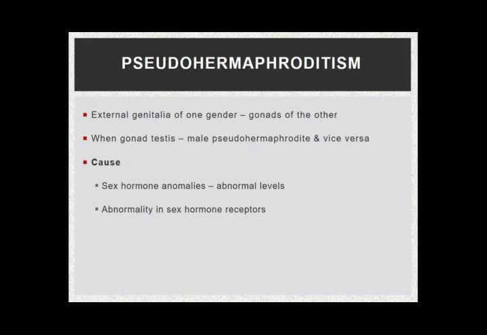What is the cause of this pseudohermaphroditism? The cause could be that sex hormones are at abnormal levels. Adequate levels of sex hormones are not produced, or adequate levels of sex hormones may be there, but the receptors on which these hormones act are abnormal.